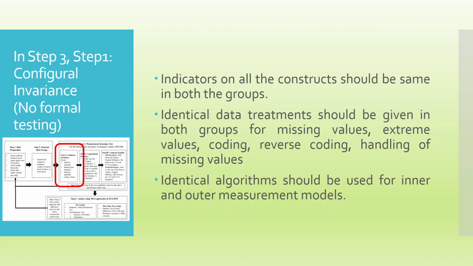The treatment given to extreme values should be the same, coding should be the same, reverse coding should be the same, handling of missing values should be the same. Identical algorithms should be used for the inner and outer measurement model. On one you are running one algorithm and on another you are running a second algorithm. Don't do that. So this is configural invariance. We don't have any formal testing of this.